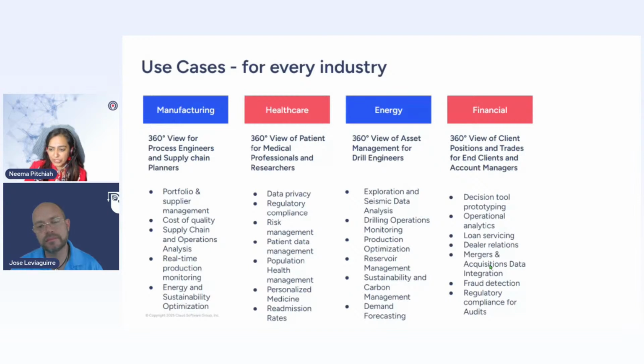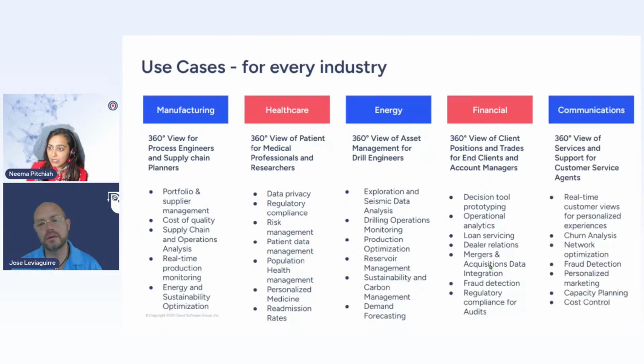Also, you're able to detect fraud. Mergers and acquisitions are common across industries too. If you're getting data from multiple mergers, and different companies could be using different platforms, you're able to combine all that data, integrate it, and make it available. So this is another industry where compliance is important for audit purposes.